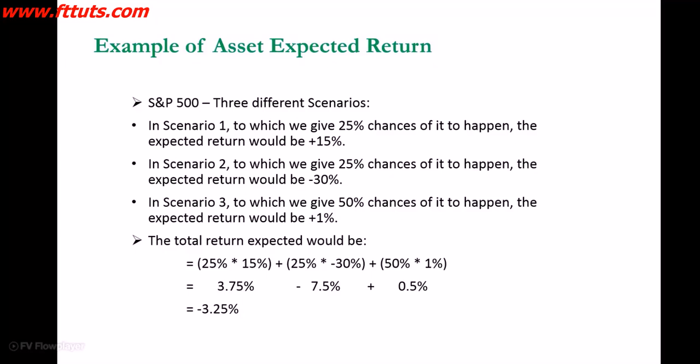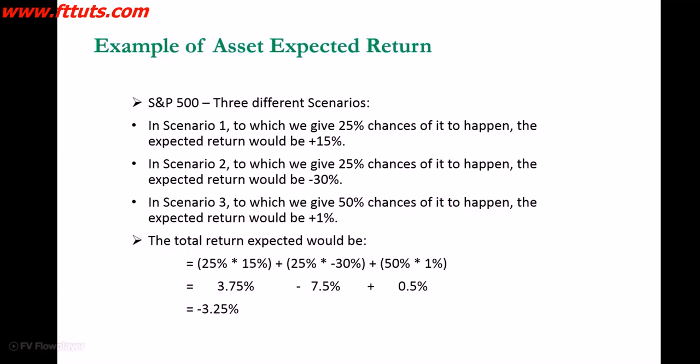In scenario number 1, to which we give 25% chances of it to happen, the expected return will be plus 15%. In scenario number 2, with 25% chances of it to happen, the expected return will be down 30%. Finally, in scenario number 3, where we give 50% chance of it to happen, the expected return will be plus 1%.